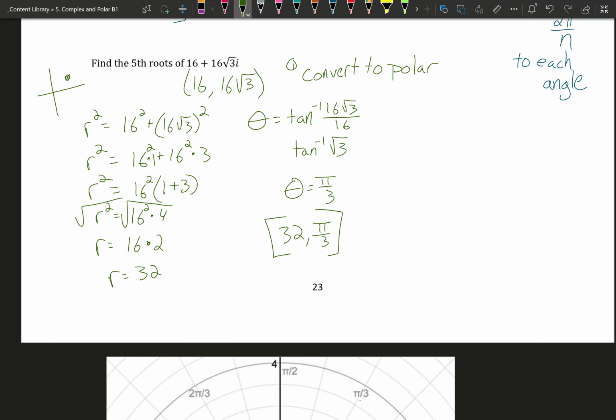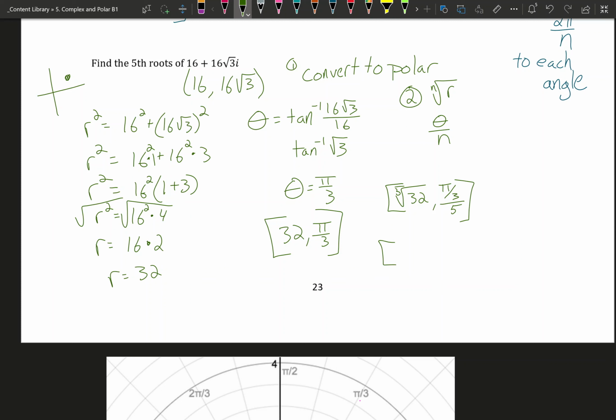Now, finding the fifth roots. Next step, we are going to take the nth root of r and then divide theta by n. We'll have 5 different roots. We're not looking at the cube root, we're looking at the fifth root of 32, and then pi thirds divided by 5.